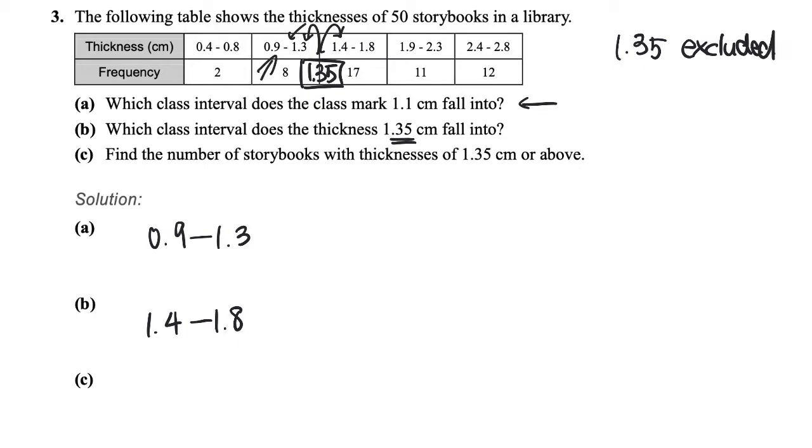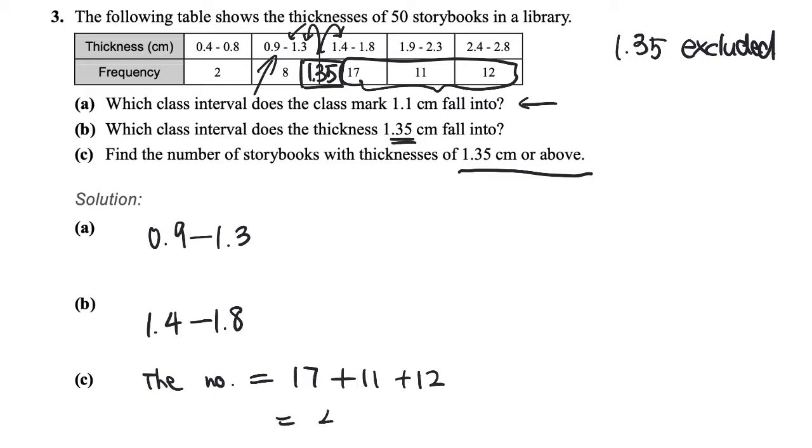Therefore, it will not count here. And then you have to find out 1.35 or above. That means you could just consider these three numbers. So the number equals 17 plus 11 plus 12, which gives you 40.